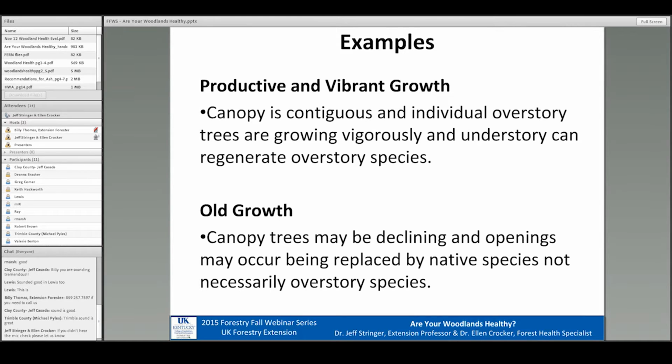They're not of high vigor because they're naturally getting ready to die off due to old age, and that will cause openings to occur in the canopy. In that case, you're fine with overstory trees that are not growing rapidly or vigorous because they're declining due to natural processes, natural old age, things of that nature. And so that's maybe fine with you.